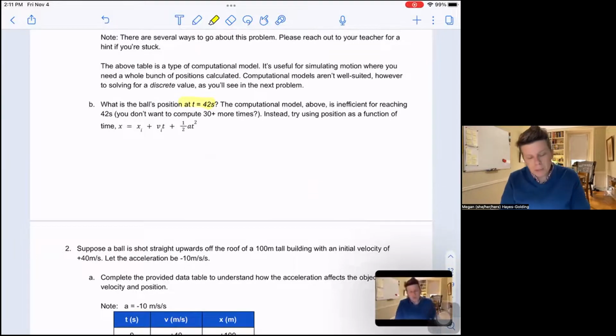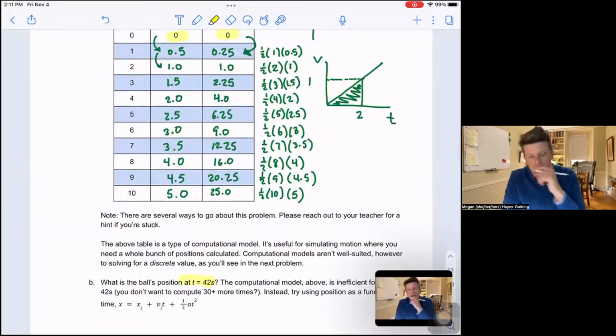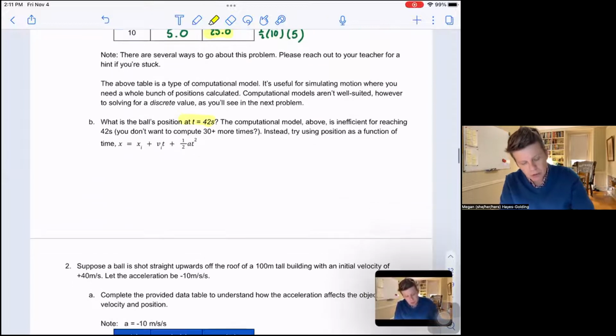But the problem is, in order to calculate this final position or some position way out further in the future, I needed to know a velocity here. The velocity we're talking about here is that 10. So without getting every row in between, let's work on how you can do that.